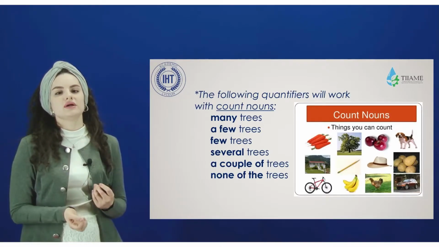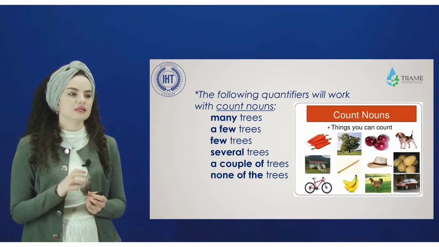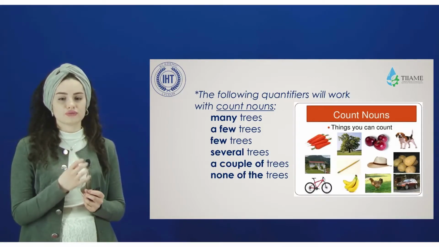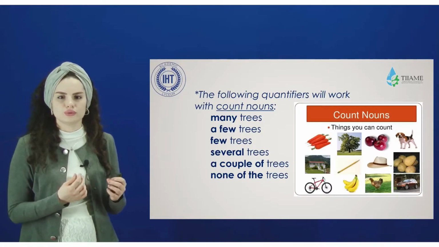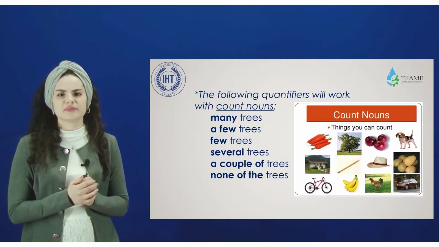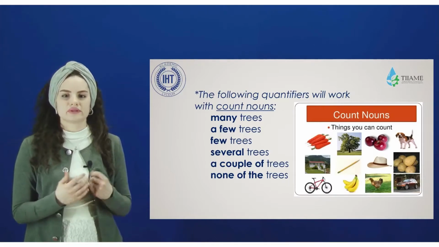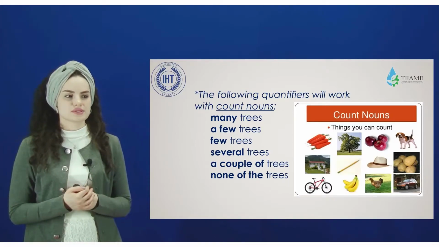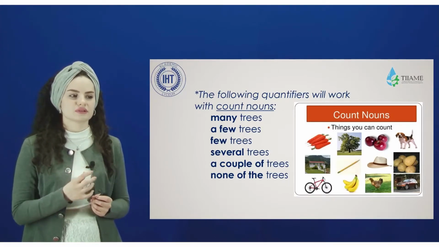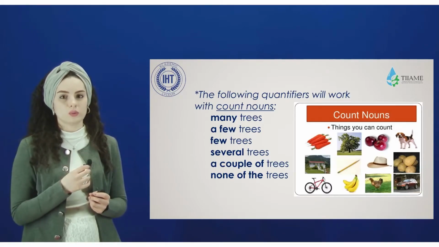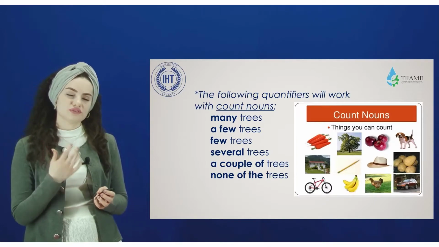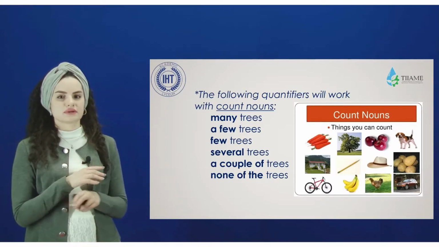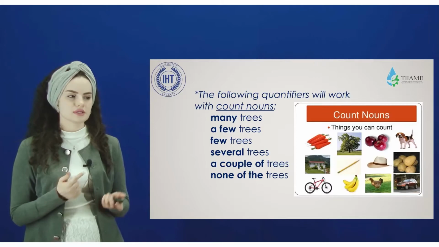That's why the quantifier many is really suitable for this purpose. Well, a few, also not a very big amount, but anyway, there are some trees. So few, several, a couple of, or none of them, a quantifier that may express that there is not any tree.